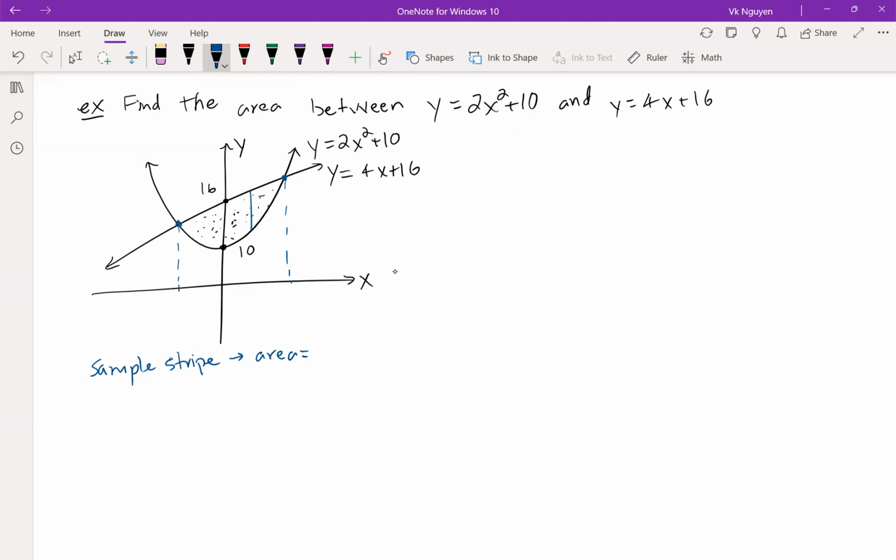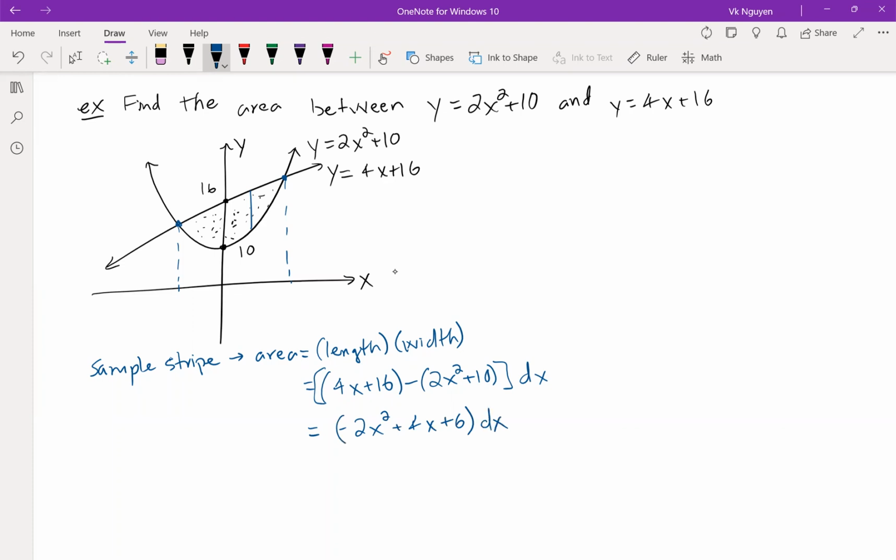So the length is the upper function minus the lower function. Upper function 4x plus 16. Lower function 2x squared plus 10. The width is a small change in x, dx. Simplify this, we have negative 2x squared plus 4x plus 6 dx.